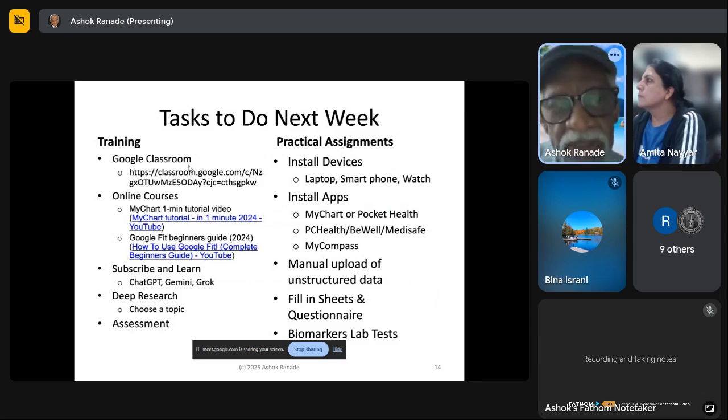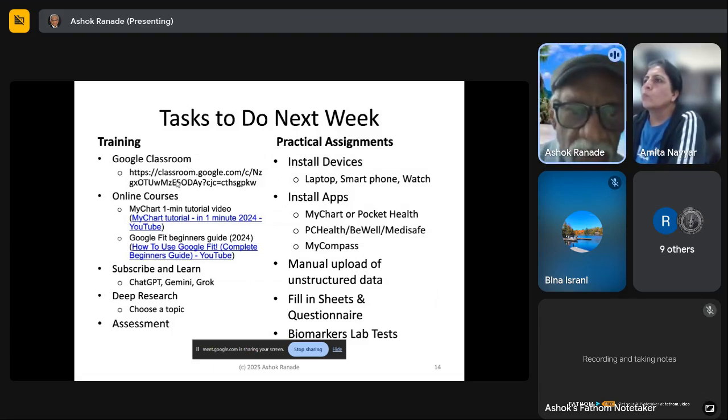We'll try to switch everything completely to this Google Classroom, because that makes a lot more sense in terms of keeping track of everybody's progress. Now, we have requested you to install this MyChart application in Google Fit and several other apps.